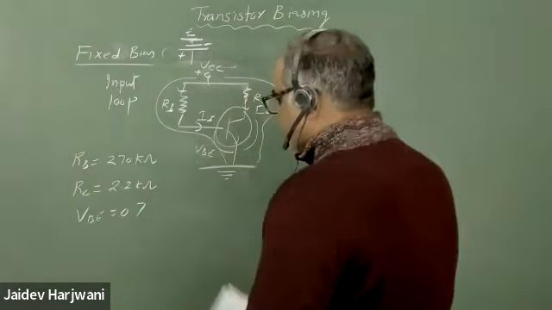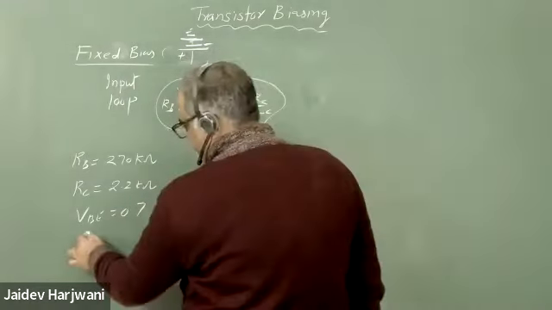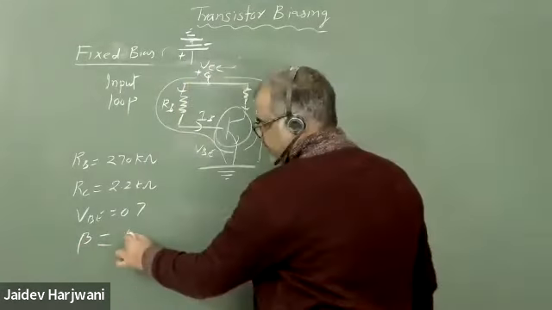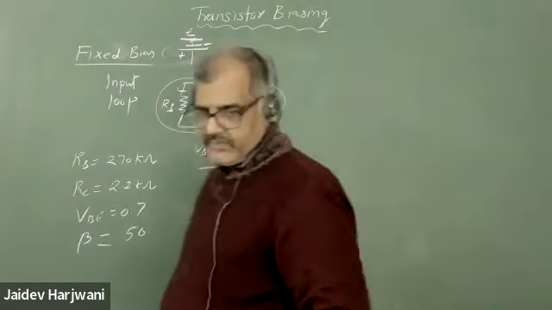So VB is given and you have been given the beta value. Beta value is given as 50. So please find out the operating point.